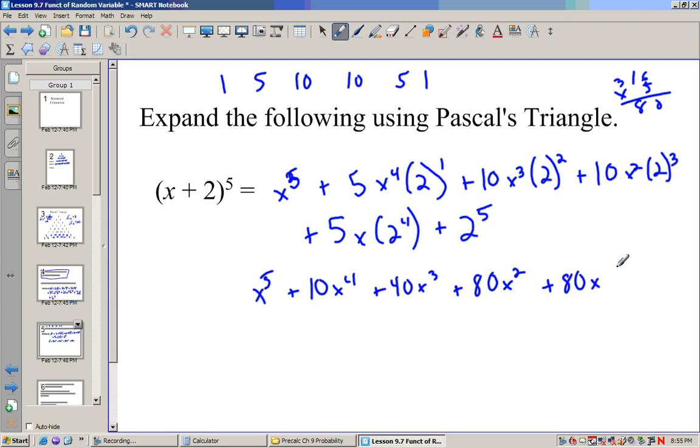And then 2 to the 5th, well, we have 2, 4, 8, 16. So this would have to be 32. So (x + 2) to the fifth is equal to x to the fifth plus 10x to the fourth plus 40x to the third plus 80x squared plus 80x plus 32.